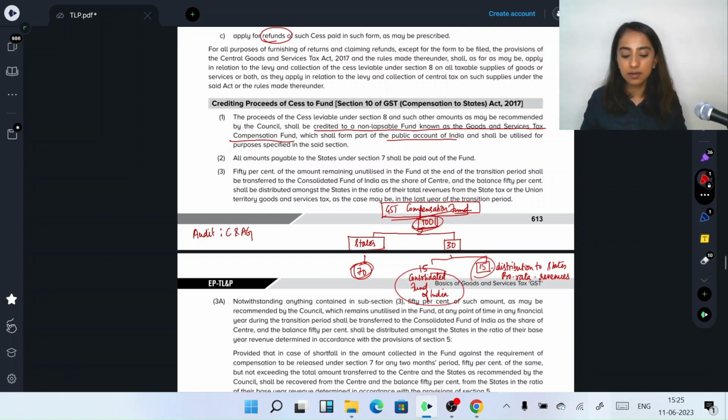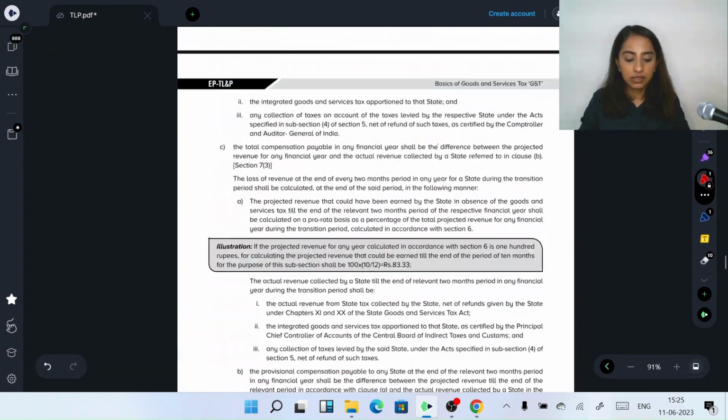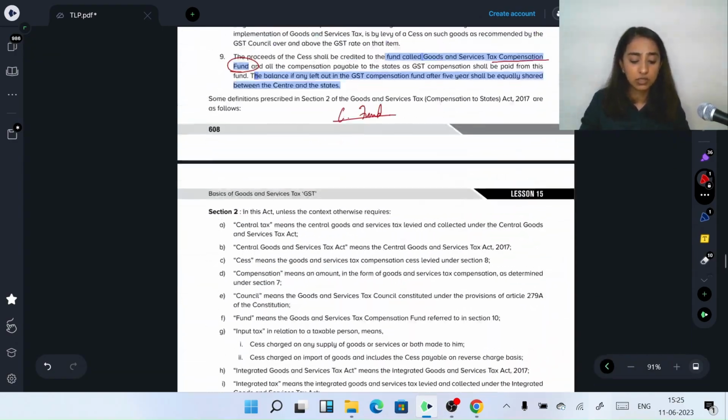Like I said earlier, half will go to the states, half will go to the center. Whatever belongs to the states will be decided on a pro rata basis. Let's say Karnataka's revenue is more than Kerala's revenue, so deciding on a pro rata basis, they will distribute it to all the states. This is what the whole section talks about.